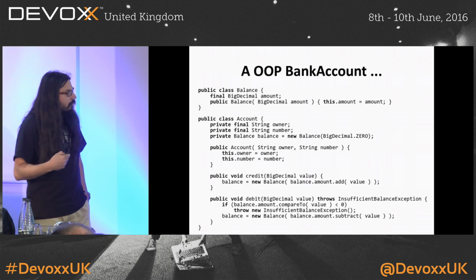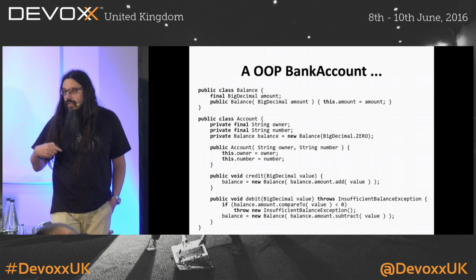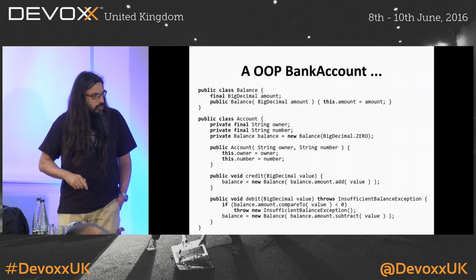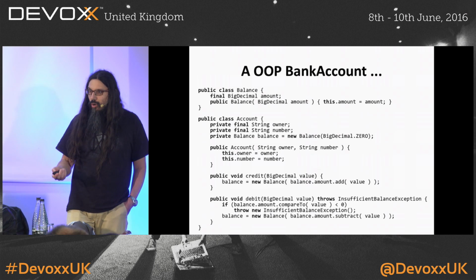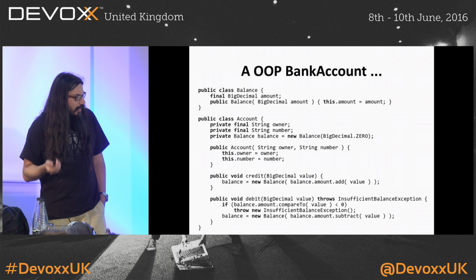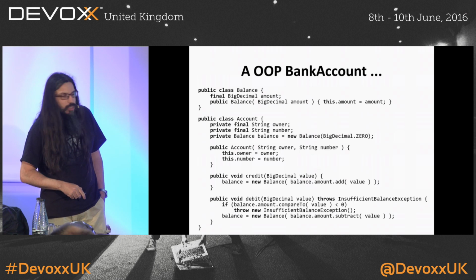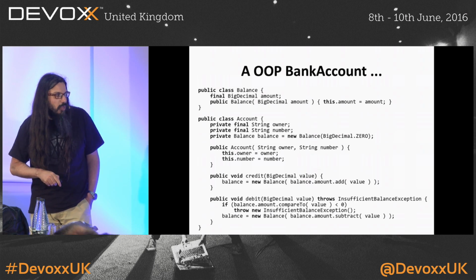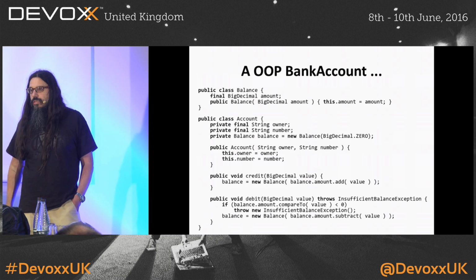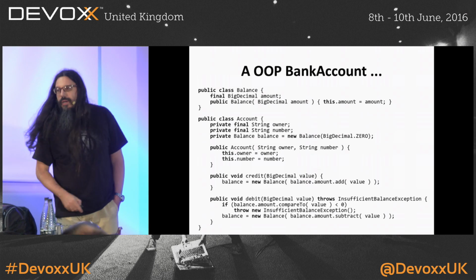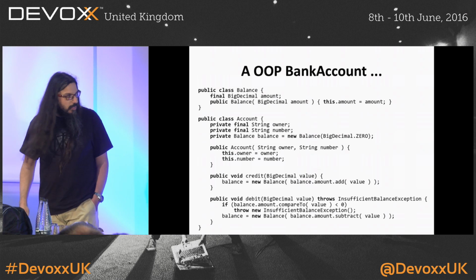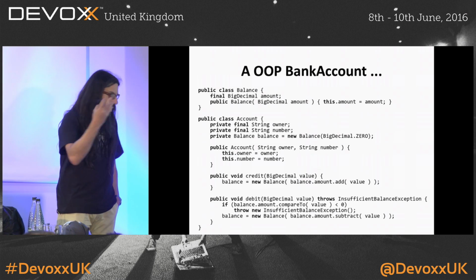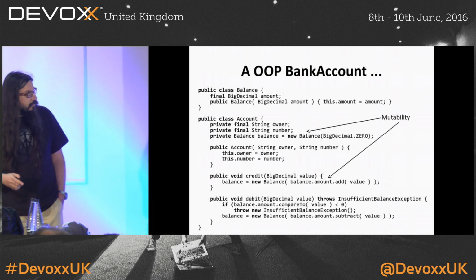And of course, when you give money to the bank, everything is always okay. When you try to take money, sometimes something can go wrong. In this case, maybe because you don't have enough money in your account, I'll throw this insufficient balance exception. That is the way I have in object-oriented programming to say, hey, this method can fail.